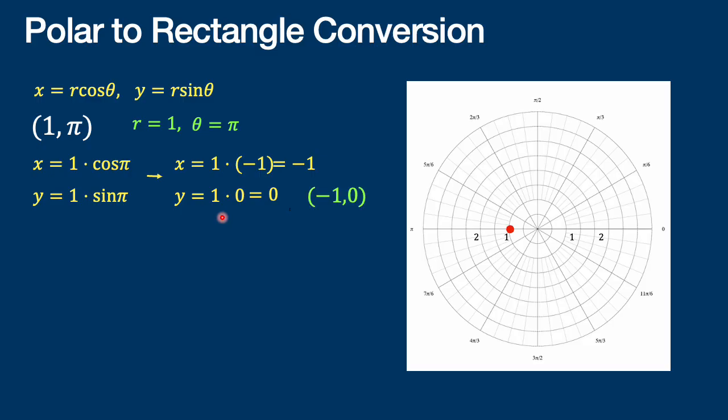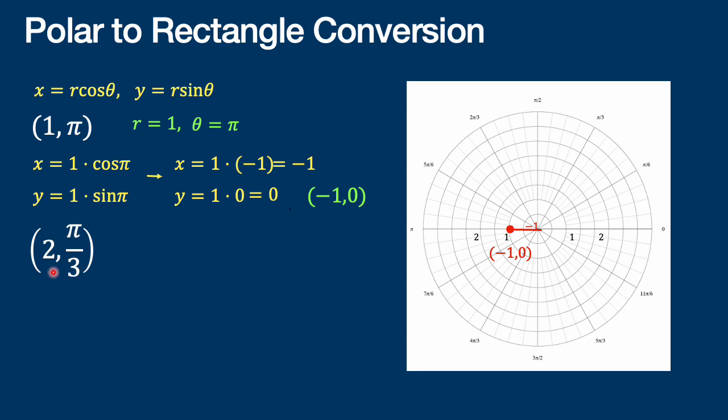That means negative 1 and 0. So let's think about the rectangular coordinate. The x value is negative 1, the y value is 0. x goes to negative 1 on the left, and y value is 0. That exactly represents that point.